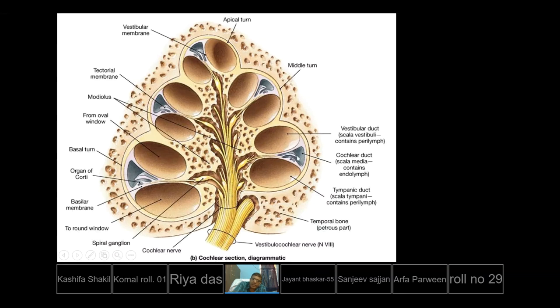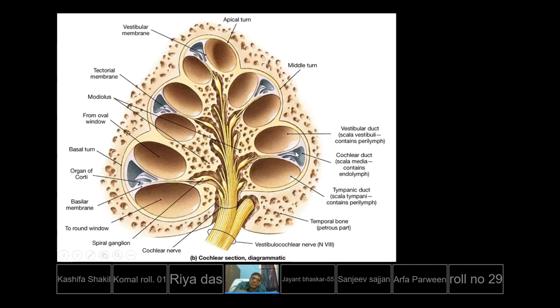The upper canal-like structure is called scala vestibuli, and the lower one is scala tympani, which opens into the middle ear cavity through the round window. Scala vestibuli opens into the middle ear cavity as the oval window, and this part of the membranous labyrinth, scala media, runs separately as a blind tube.